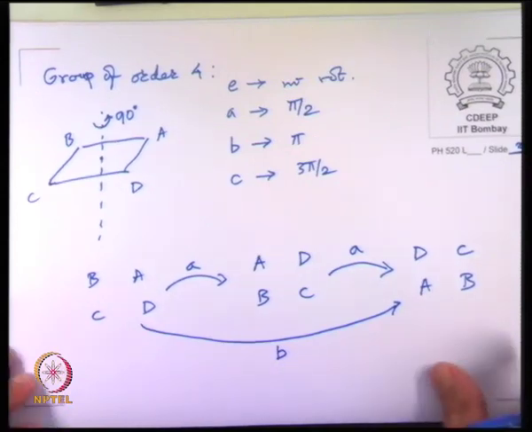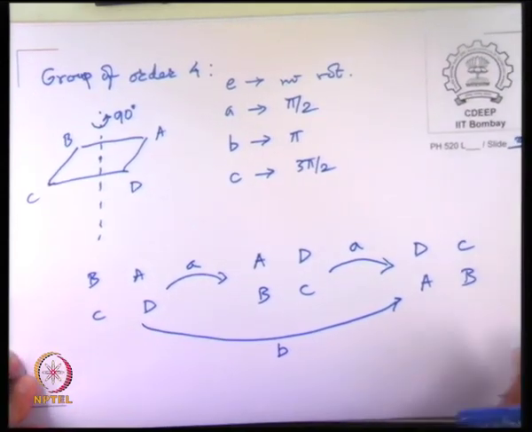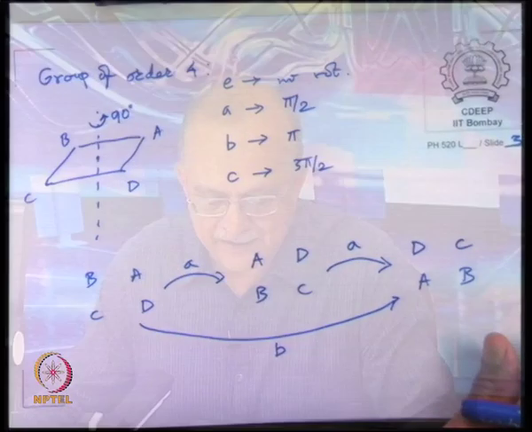Now in general, this is all very simple, but when you are suggested an example, it is best to enumerate the elements you have and then try to work out the whole multiplication table, and you may have to sometimes even make a little model. You may have to cut out a little square out of a piece of paper and then see what is happening.